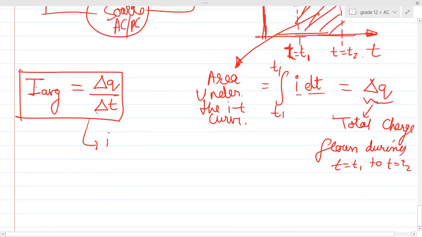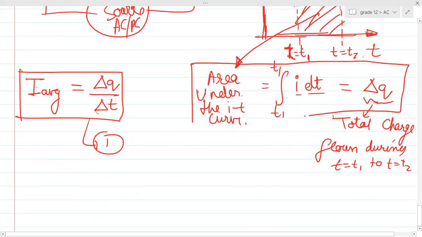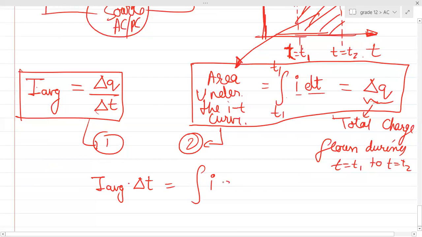So from equations 1 and 2, can I write this particular thing? I average into delta T should be equal to the integration of I dt from T1 to T2. Can I say this?